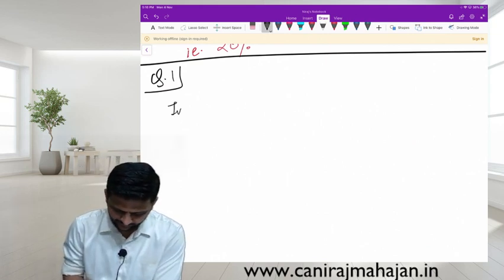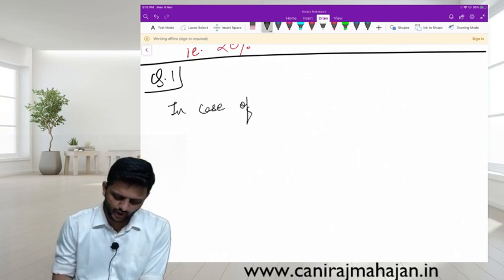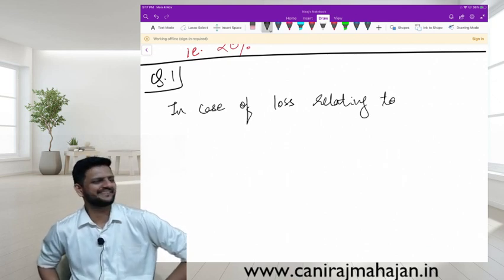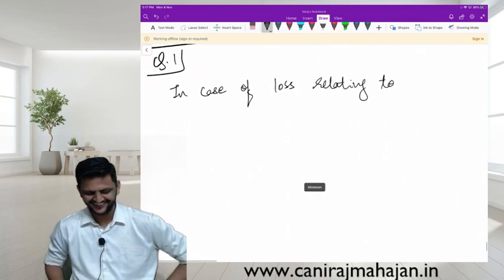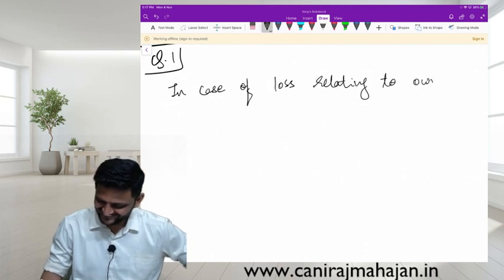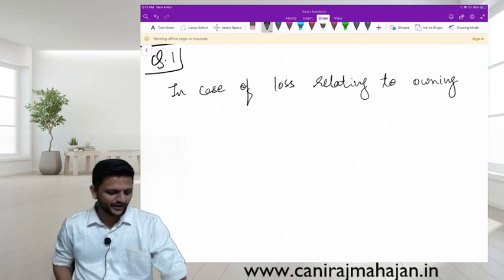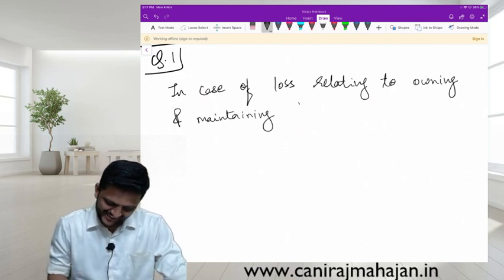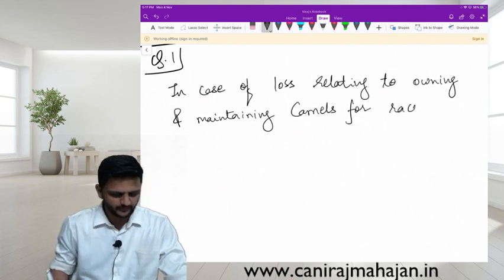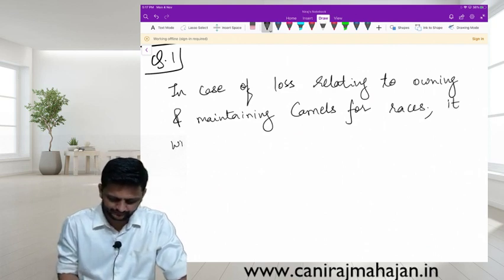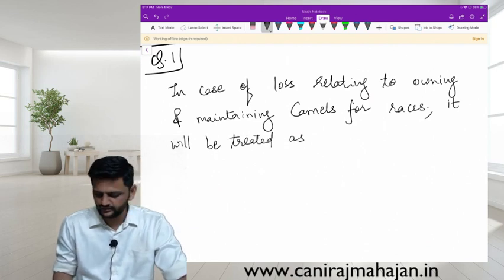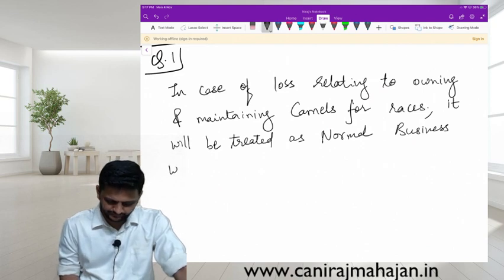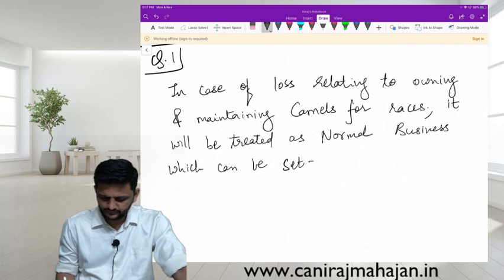Write down. In case of loss relating to owning and maintaining camels for races, it will be treated as normal business, which can be set off against which head of income?